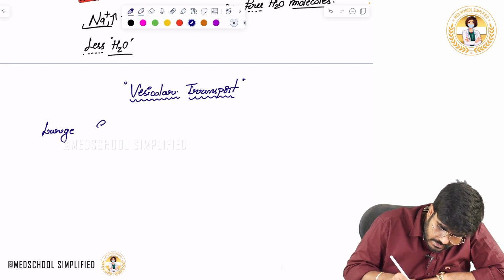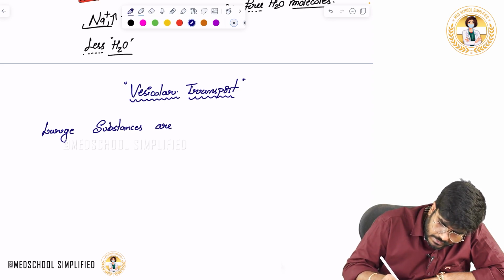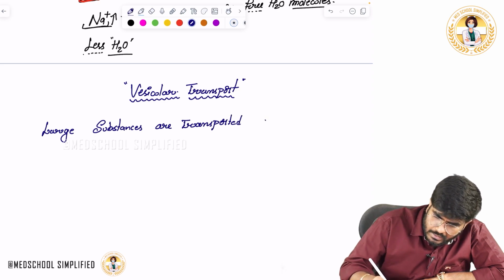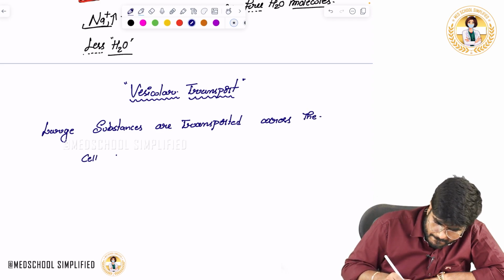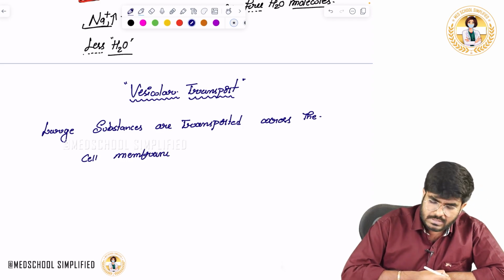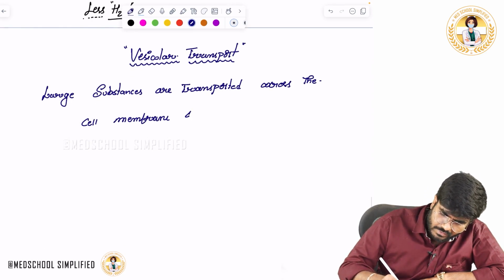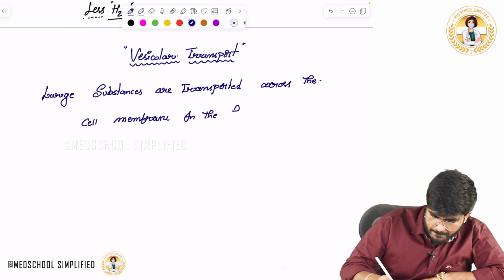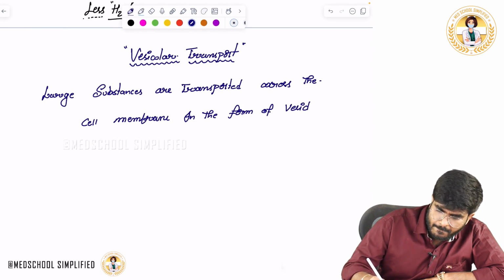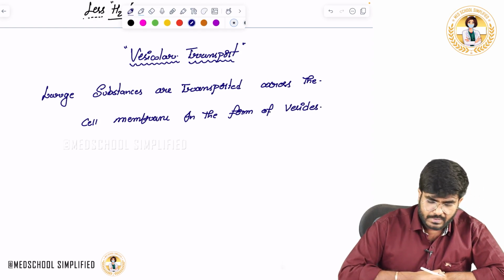Large substances are transported across the cell membrane in the form of vesicles.